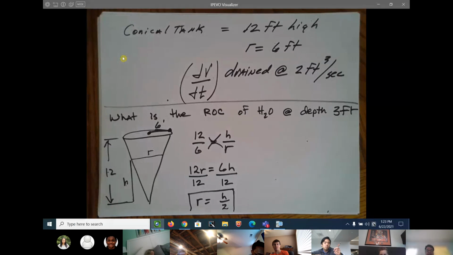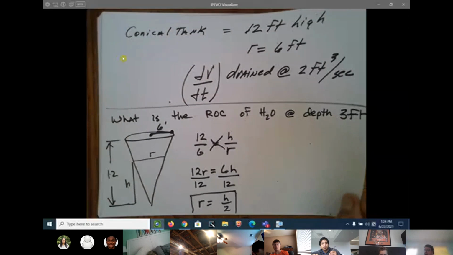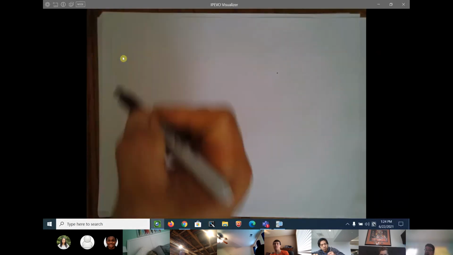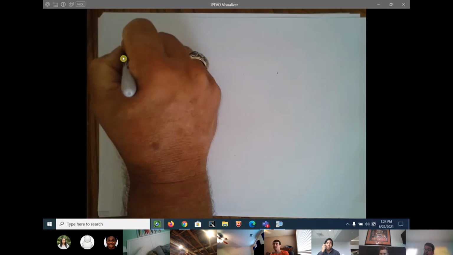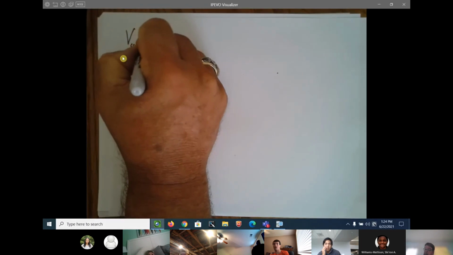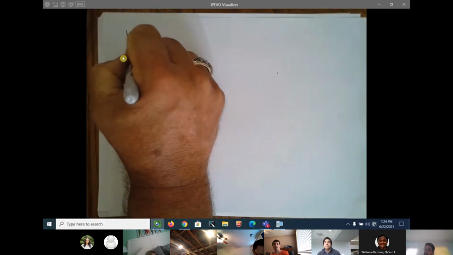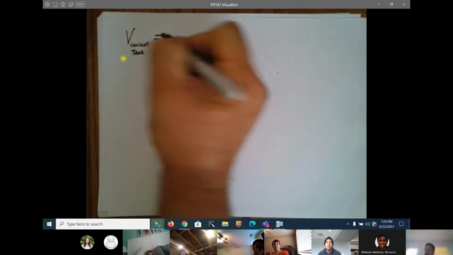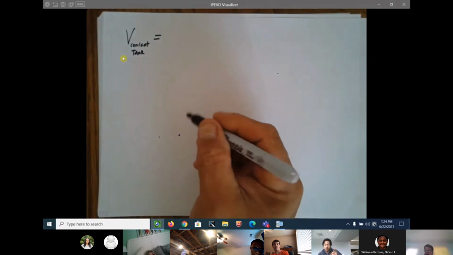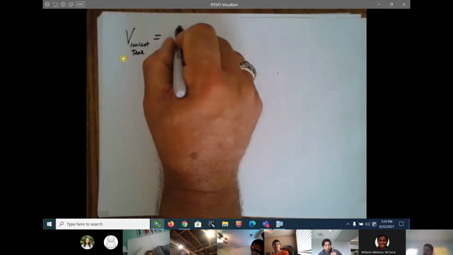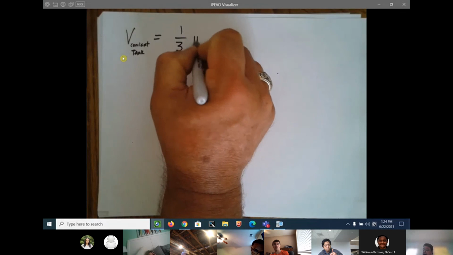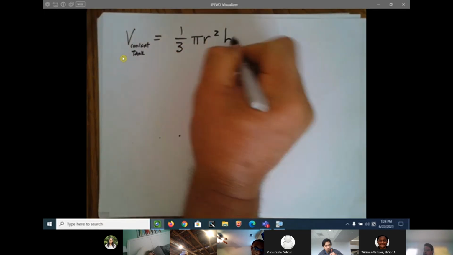Okay, the second step, volume. What's the volume of a conical tank? Well, if you don't know it, you will learn it in second calc: V equals 1/3 pi r squared h.